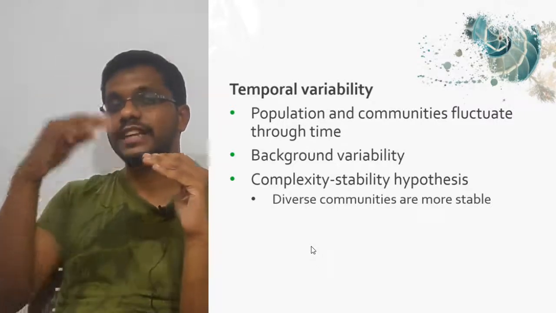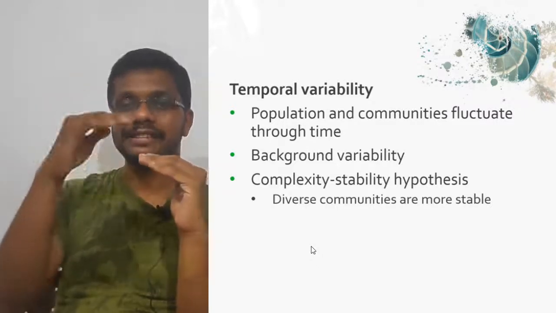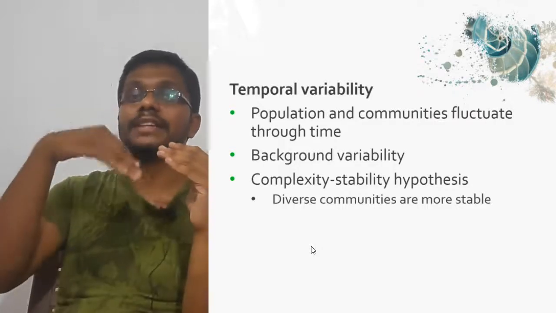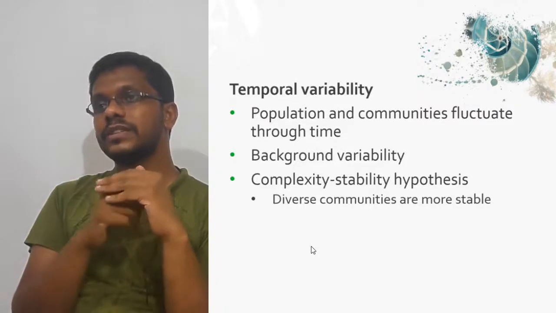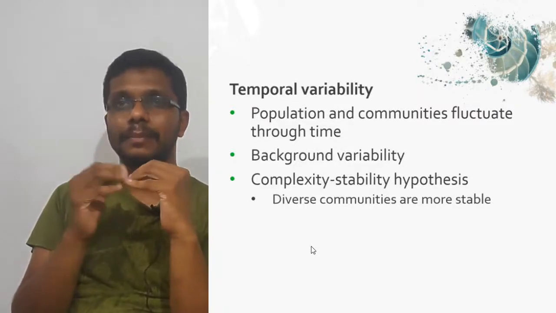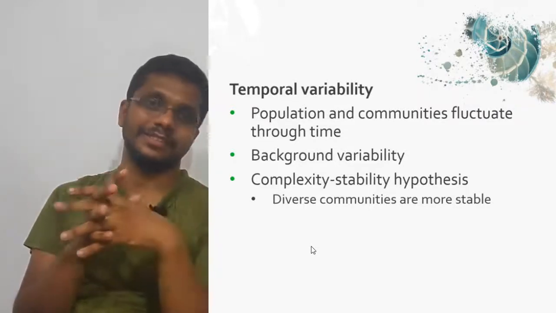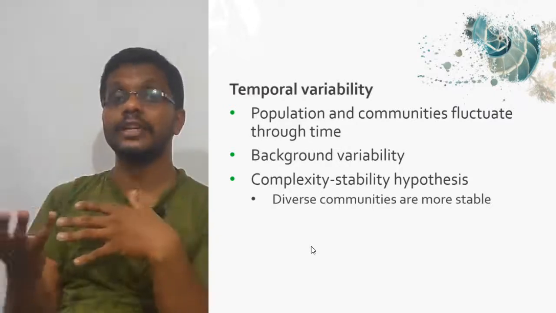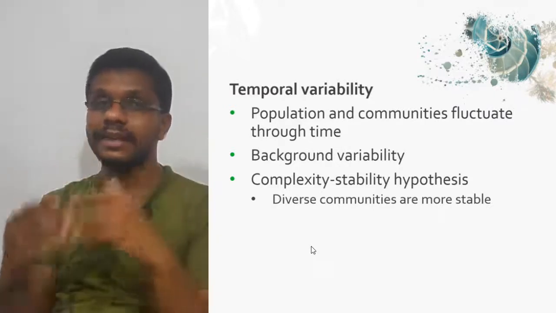If a community is very diverse, the background variability is less. If the community is not that diverse, the background variability is more. So sometimes the background variability may lead to the extinction of a species. So it is better to have a more diverse community so that the background variability will be less.